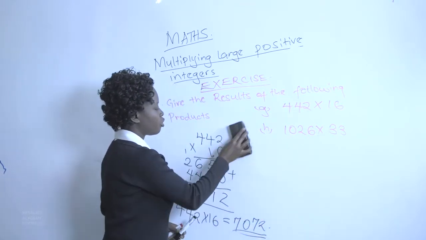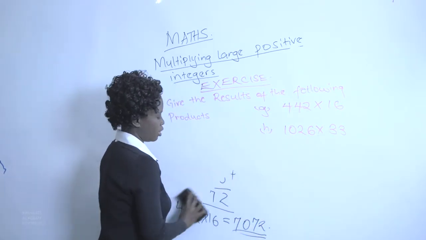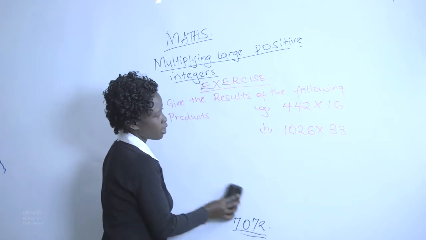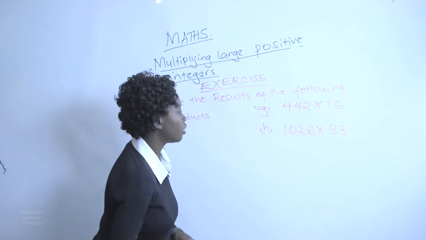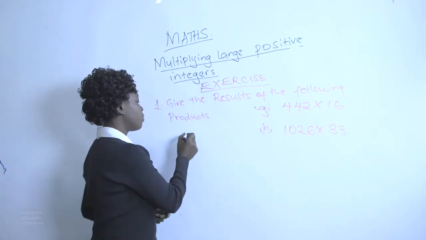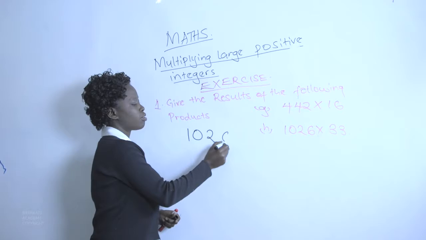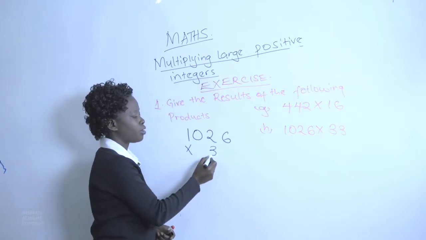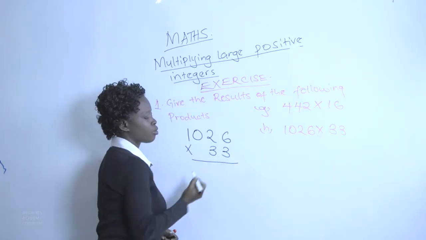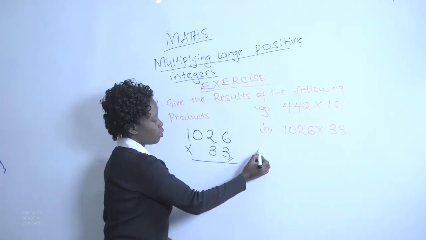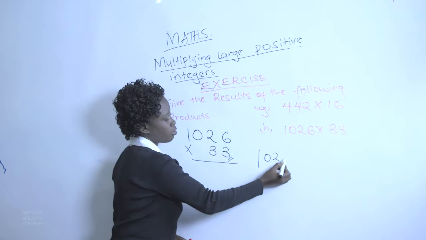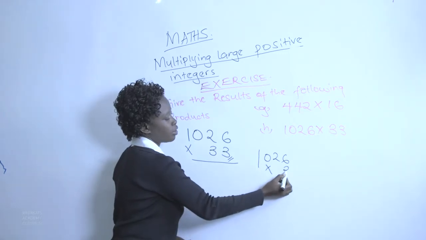Then another question that we need to solve is 1,026 times 33. So we have 1,026 multiplied by 33. So starting from the far right, we are having 1,026 times 3.